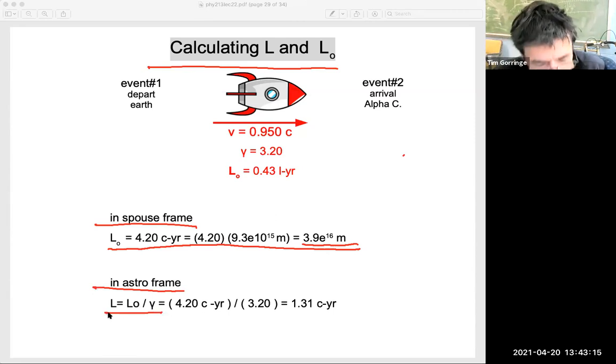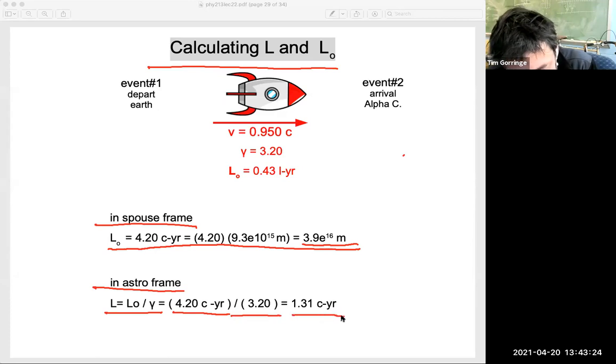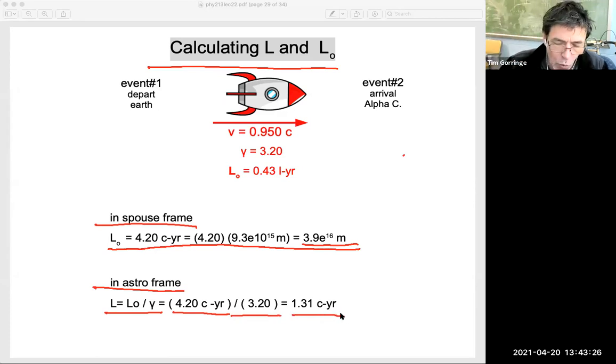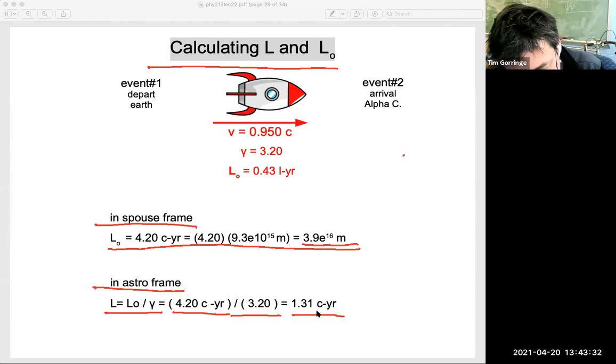So this is the equation for length contraction. We just take the proper length and divide it by the Lorentz factor. So the astronaut thinks there's only 1.31 light years between the Earth and Alpha Centauri. They see the contracted length between those two places.